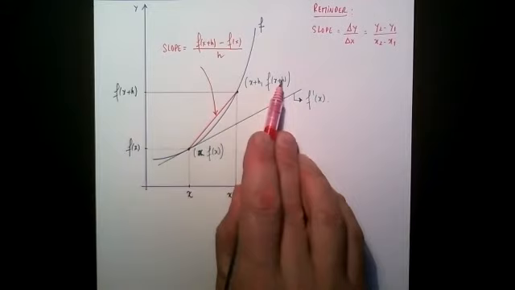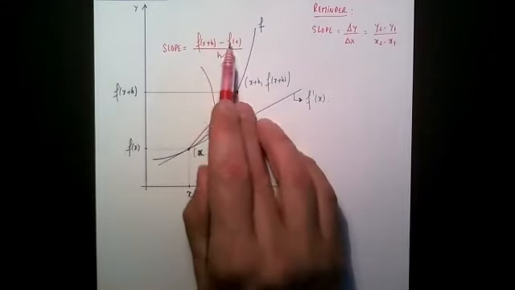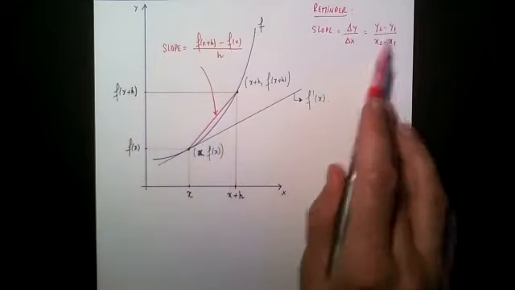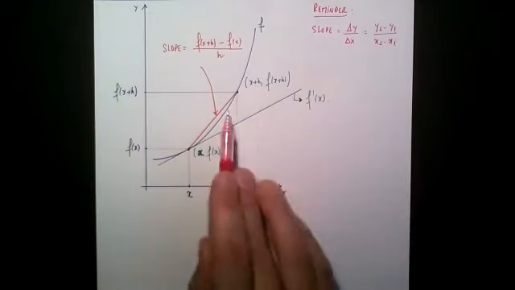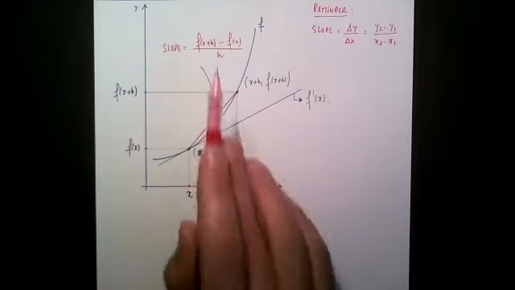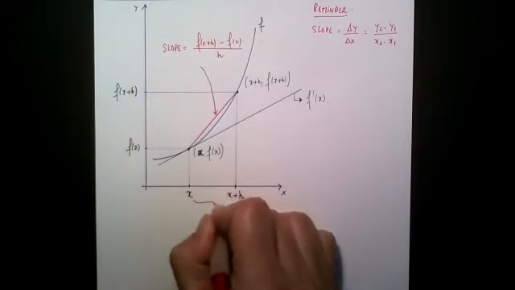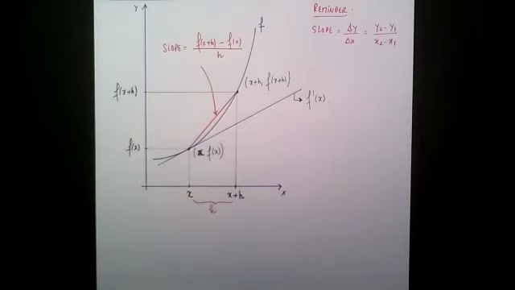Okay, so this is my y2, this is y1. So y2 minus y1, f of x plus h minus f of x, divided by x2 minus x1, which is x plus h minus x. That's just h. Okay? So this distance here is what I called h. Any questions before I continue?